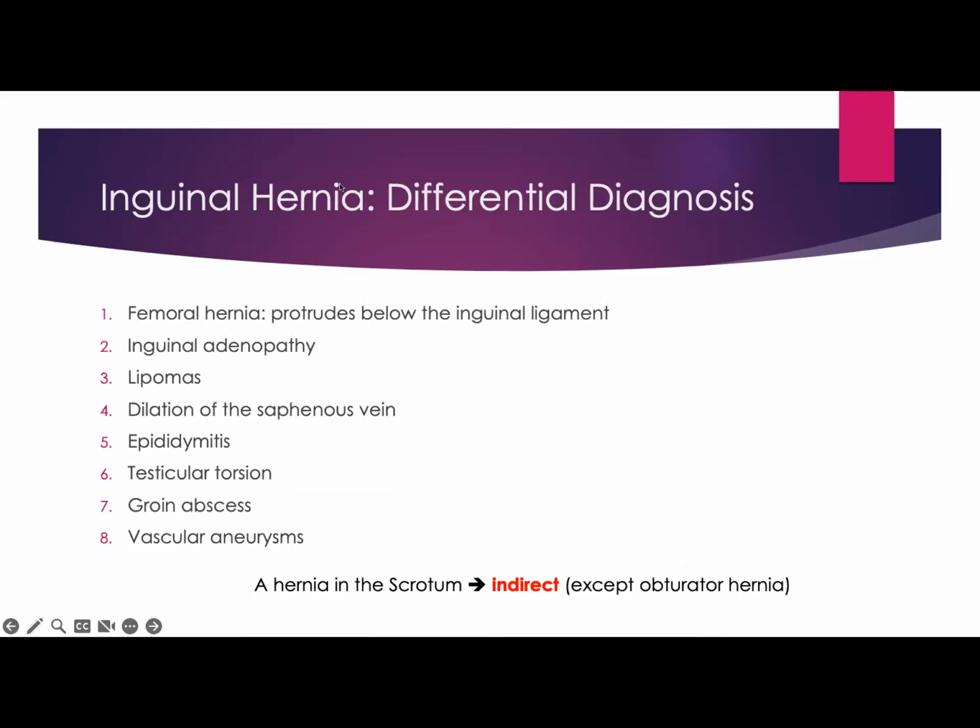All right. So these are the differential diagnoses of the inguinal hernias in general. We have the femoral hernias, which are the second most common after the inguinal hernias, but this one is going to be below the inguinal ligament, as we saw in the anatomic pictures.